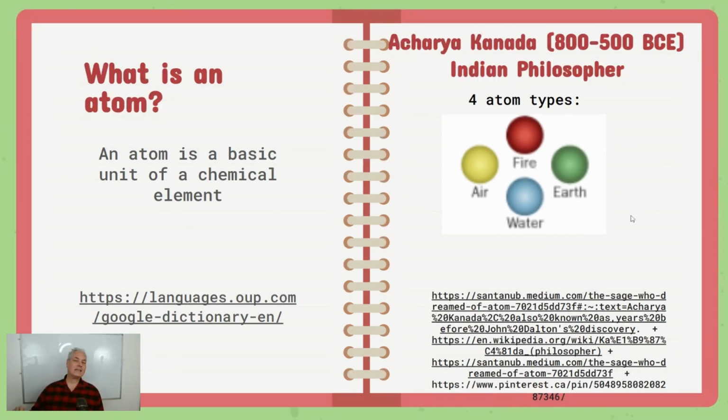He came up with the idea that our reality can be divided into four basic types: air, water, fire, and earth. You'll see that this comes through for many centuries after, all around the world. That's amazing. Let's see what else we have.